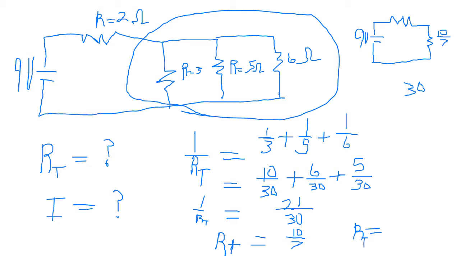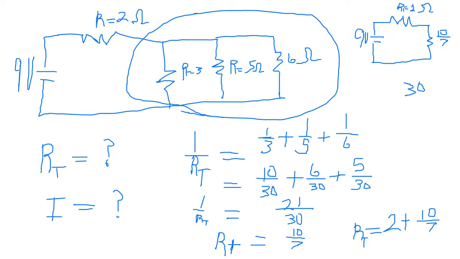And then R1 would be 2. And so then it would be 2 plus 10 over 7. So the way you were doing it, Hunter, you would have missed it, because you have to take the reciprocal of 1 over RT.